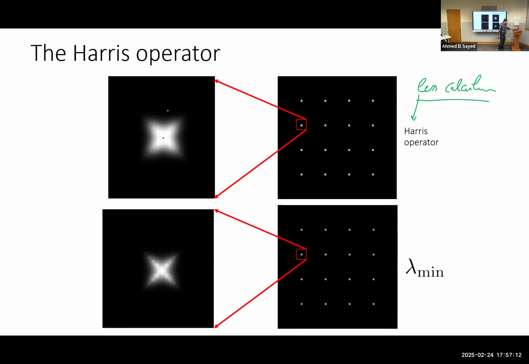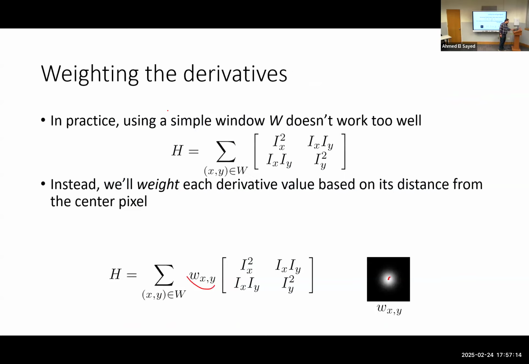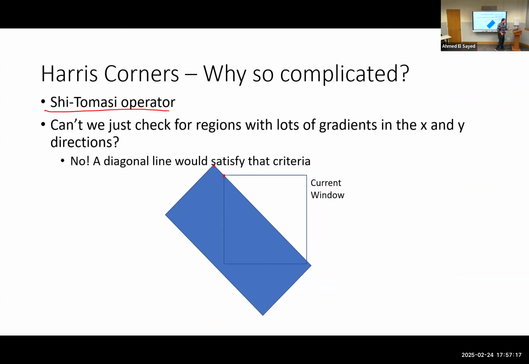Unfortunately, this Shi-Tomasi algorithm, even if it's working well and faster, failed to detect lots of the corners. Okay? But it's faster than the traditional Harris operator.